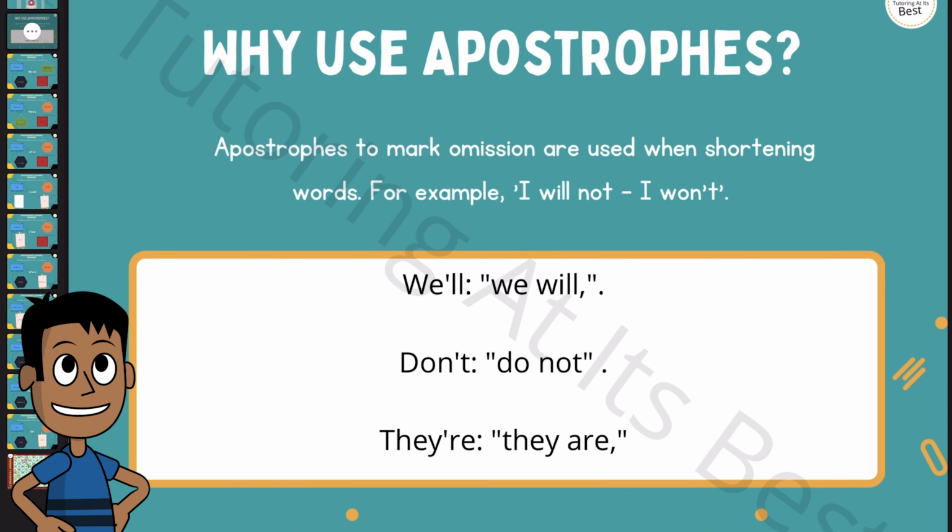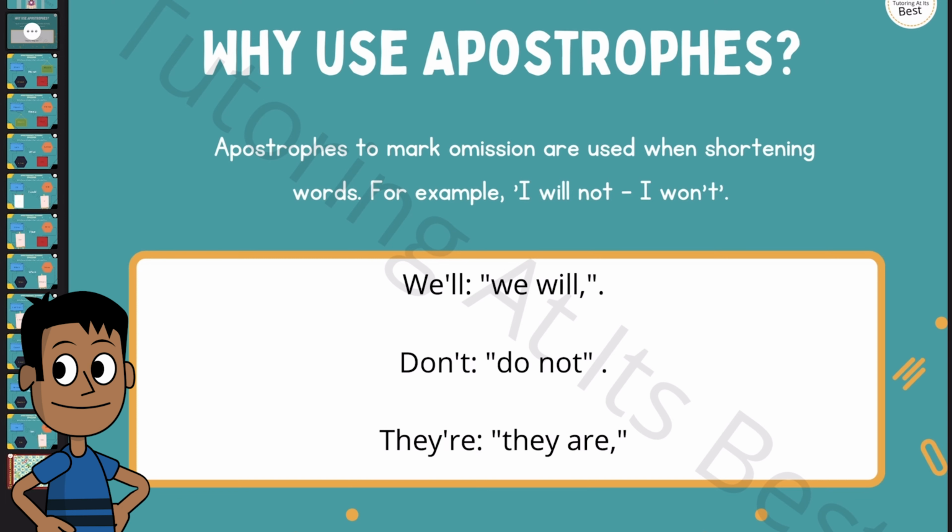So let's take an example now. You can see we have the word we'll, which is shortened for we will. Now, the use of apostrophes for omission or contraction is simply rooted in the English language, and its goal is to effectively communicate.